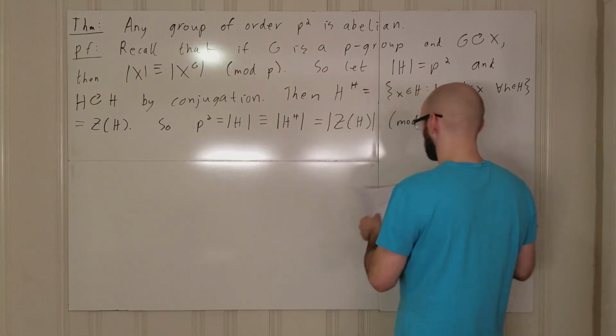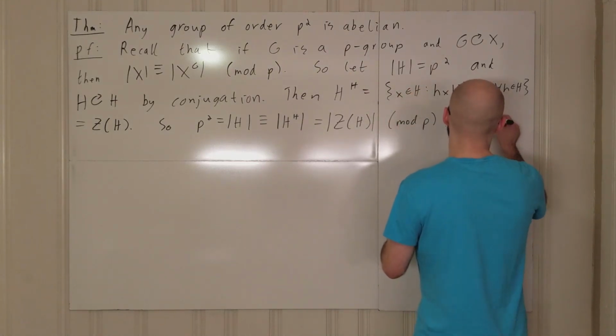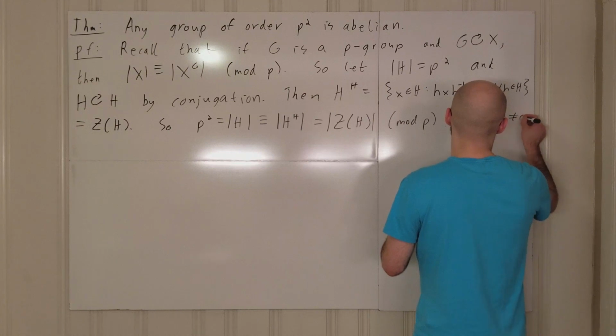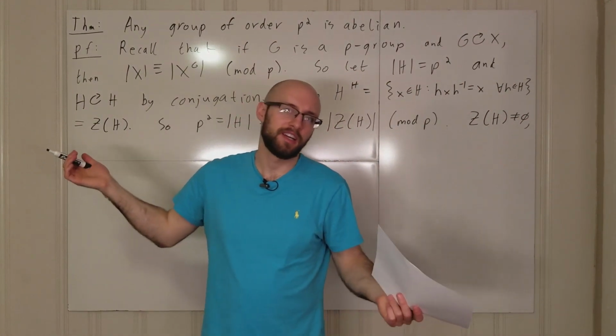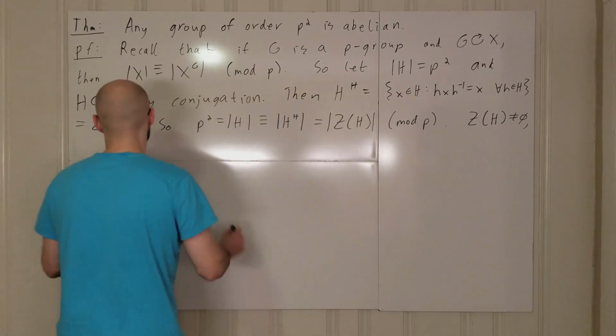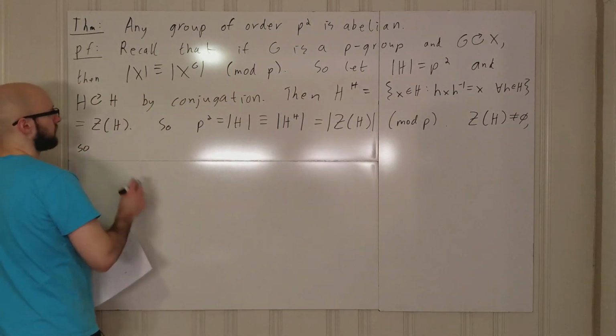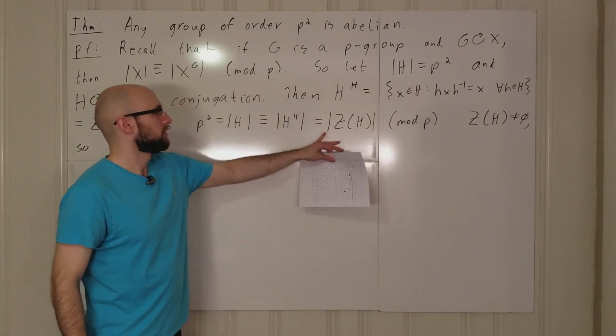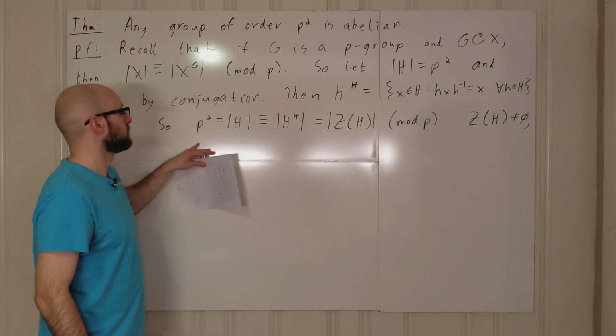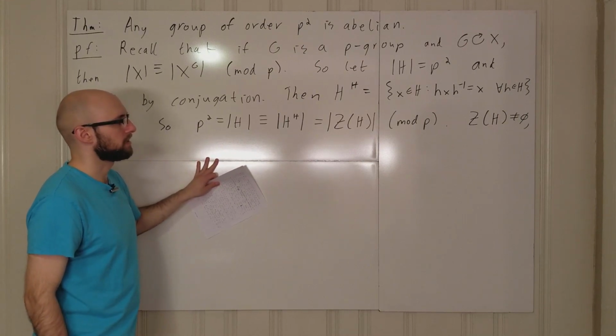All right. So we know that the center of H is not empty because, well, the identity is in there. So the size of Z of H is equivalent to p squared mod p.